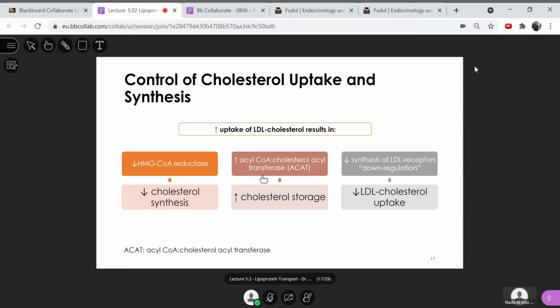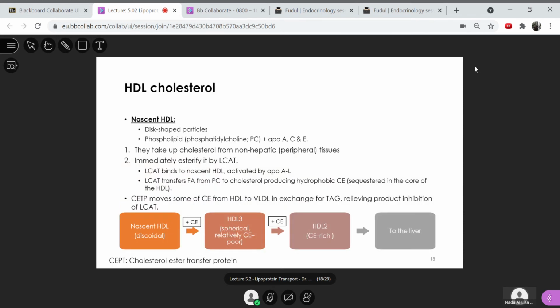The third mechanism is to downregulate these LDL receptors on the cell surface to stop the further uptake of LDL cholesterol. And this is how the body or the cells control the amount of cholesterol taken up from the circulation into the tissues. Let's move on to HDL, our good cholesterol carrier.